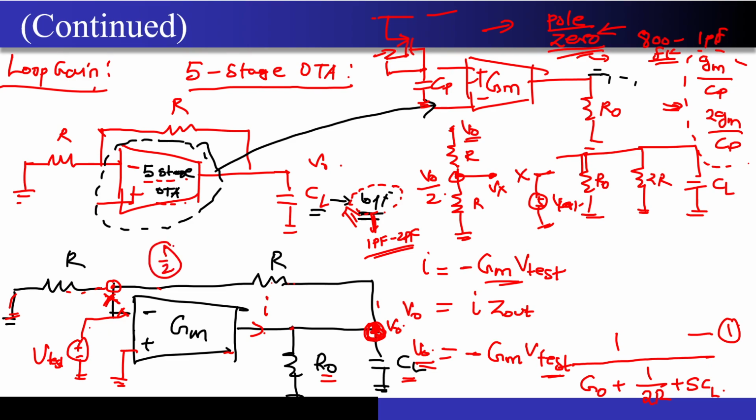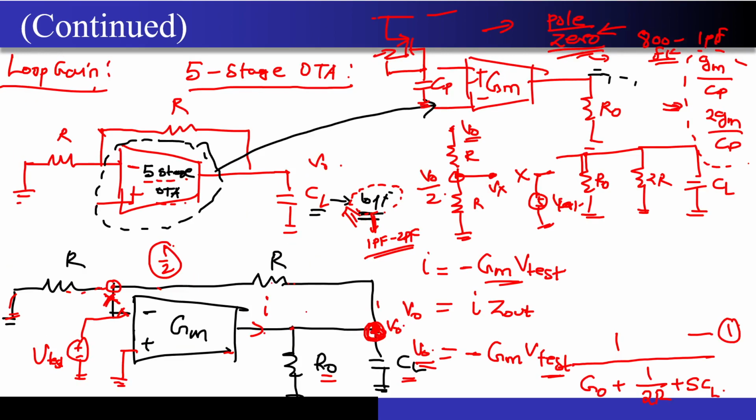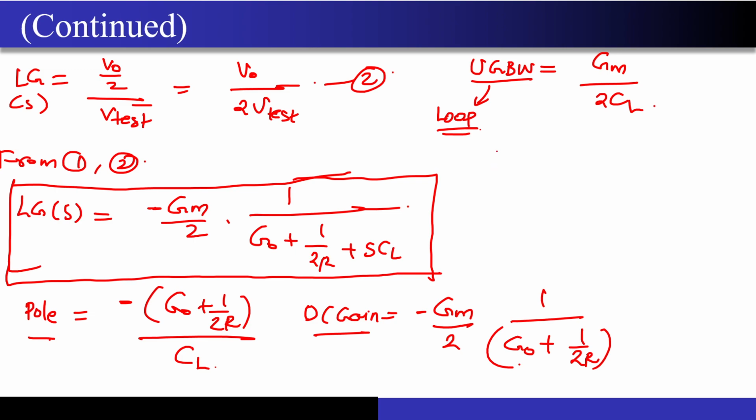Now if you ignore the factor of half, why am I telling you to ignore this? Because I want to see the unity gain bandwidth of the open loop system without any feedback in consideration. Then I have to ignore this factor of half over here.